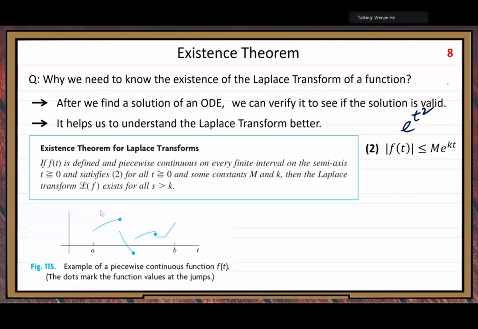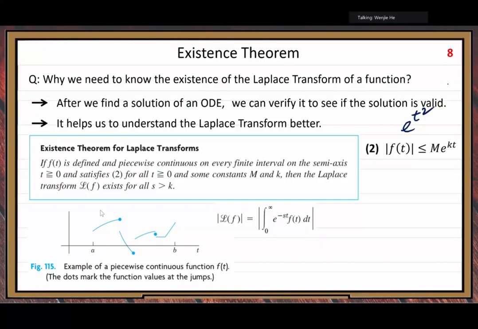So it's growing too fast, and your integral from 0 to infinity equals infinity. It diverges, so it does not exist. Your little f function cannot be too bad.